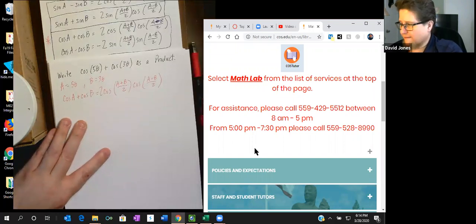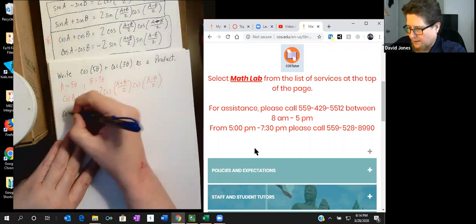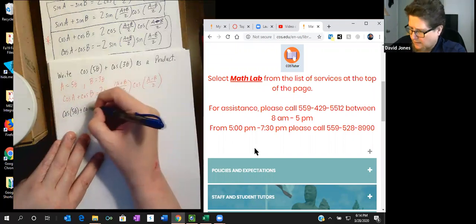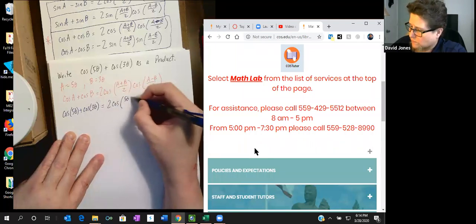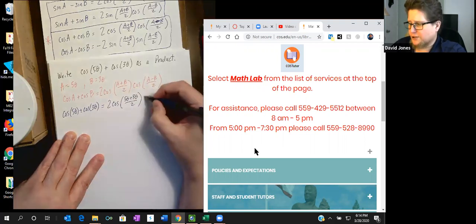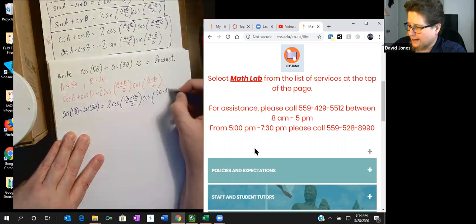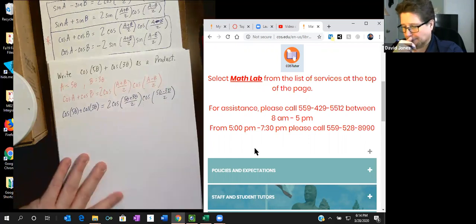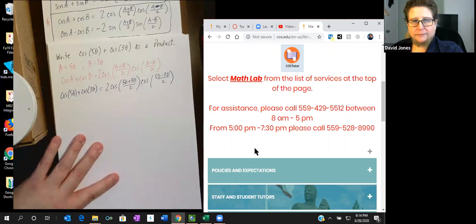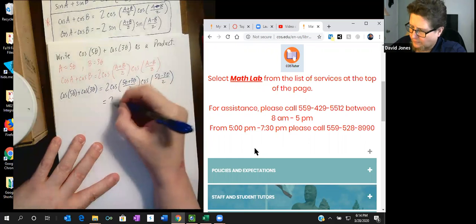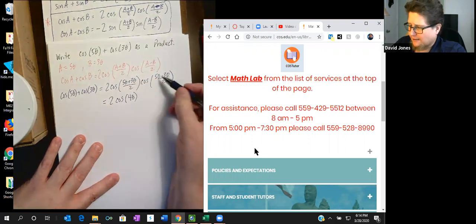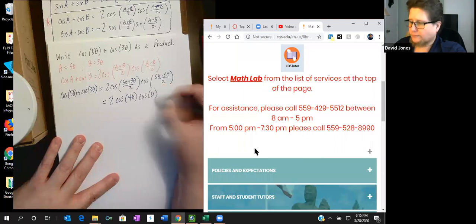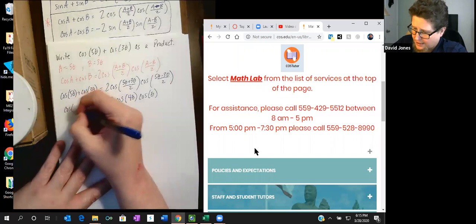And now let's plug in the 5 theta and 3 theta. 5 theta plus 3 theta over 2, and then 5 theta minus 3 theta over 2. We have 8 theta divided by 2, that's 4 theta. 5 theta minus 3 theta is 2 theta divided by 2 is just theta. So that's the sum written as a product.